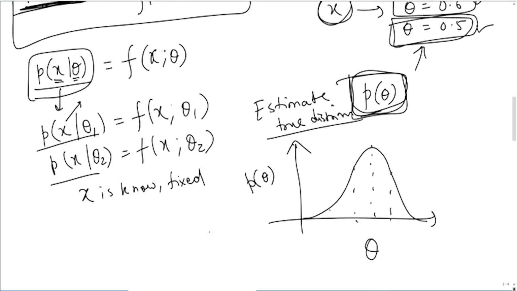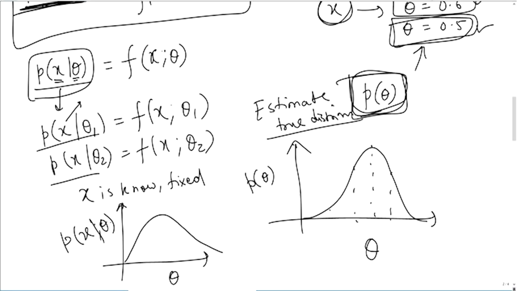So under that condition, if you want to draw a graph of P of x given theta with respect to theta, you can get a graph because x is fixed and known. Theta is the only thing that varies. What graph is this? What quantity are we getting exactly, because it's a function of theta?